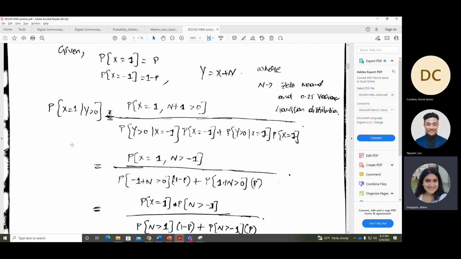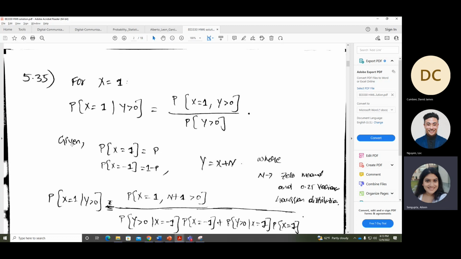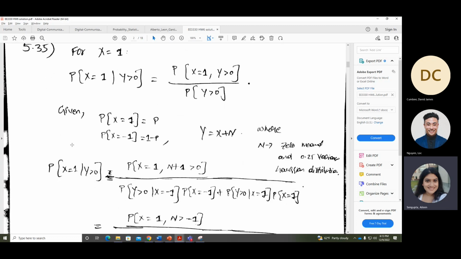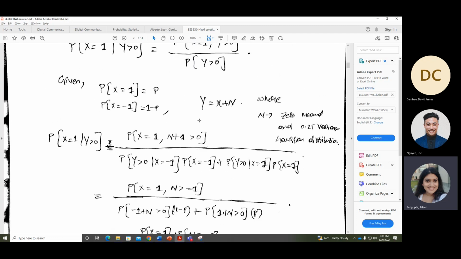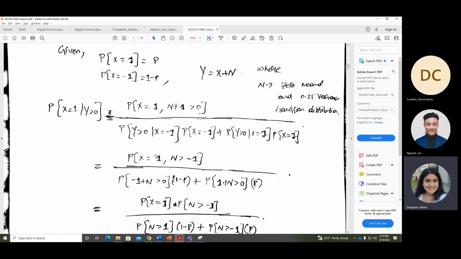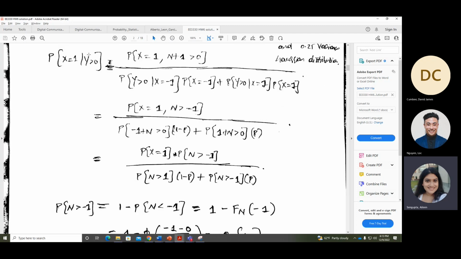But for those of you who are taking communications, telecom courses, I hope some of you do, you will be required to know these kinds of communication problems, because this problem is a binary communication channel where you have noise introduced, and then we are trying to find, if the 1 is sent and y is greater than or equal to 0, what kind of probability we have for this particular distribution. This is also very important for those of you who are taking digital communications in the future. These types of problems will be coming back to you. So just a heads up.